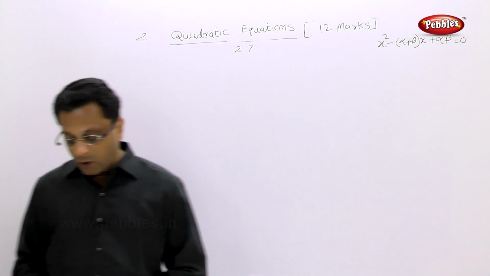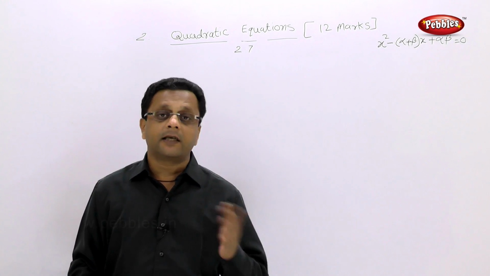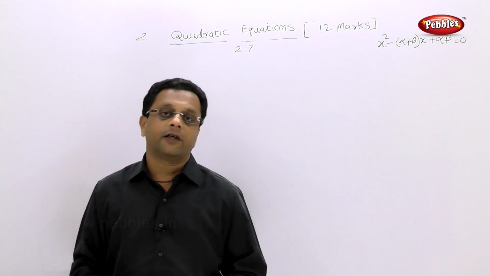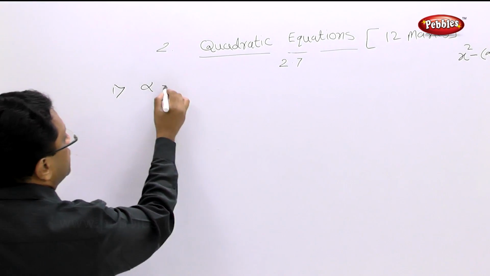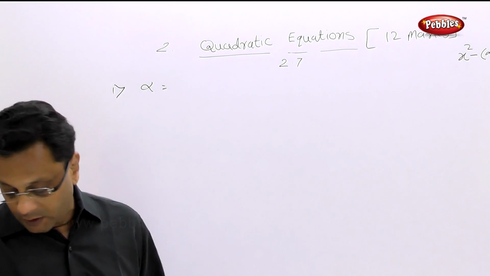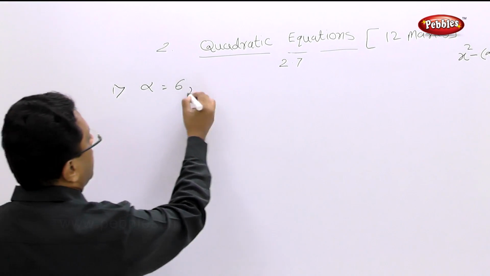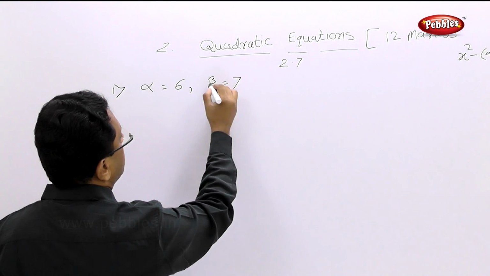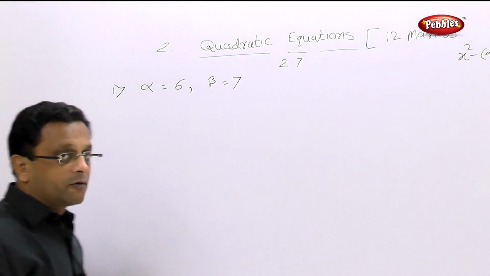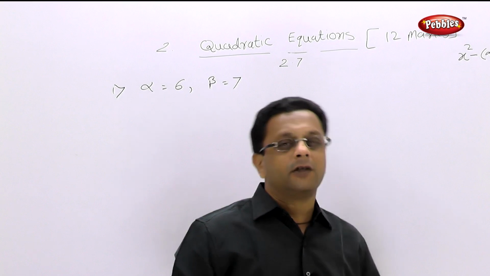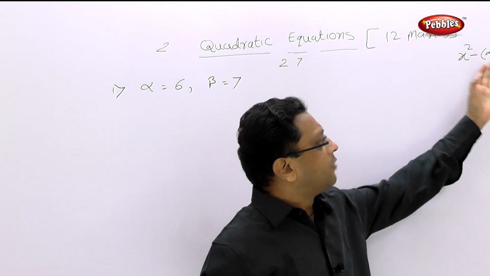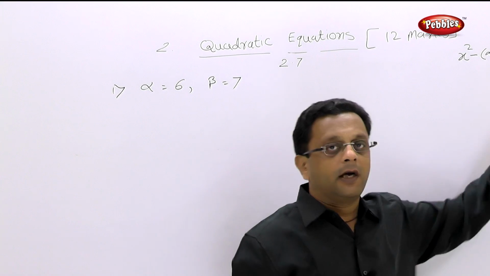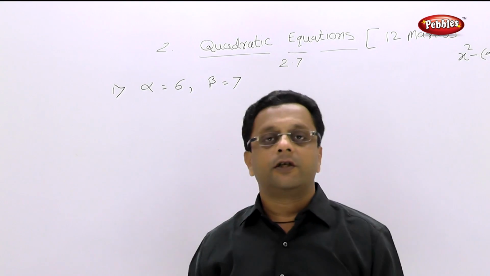If the roots of the quadratic equation are 6 and 7, find the quadratic equation. If the roots mean alpha is equal to 6 and beta is equal to 7, can you find the quadratic equation? It is very easy. Find first alpha plus beta, then alpha beta, and rearrange in this form. That's all, finished.